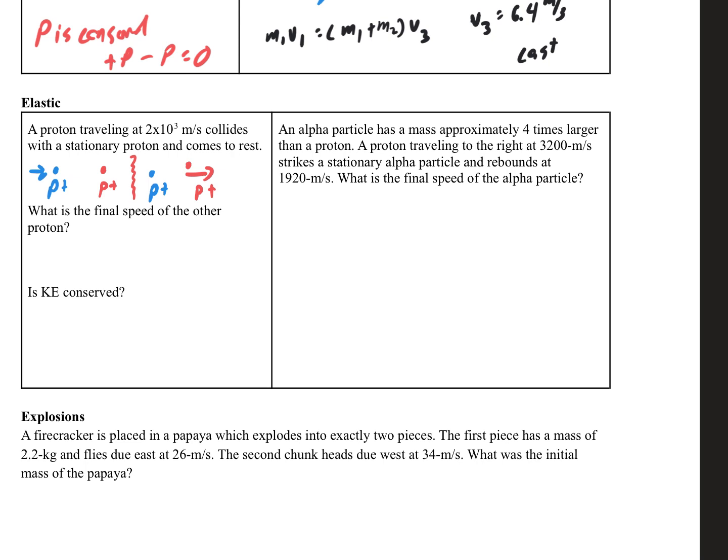So the final speed should be 2 times 10 to the third meters per second. So kinetic energy is conserved at this point, which means the initial kinetic energy must equal the final kinetic energy.